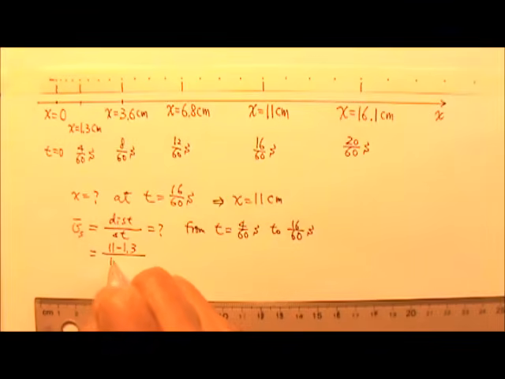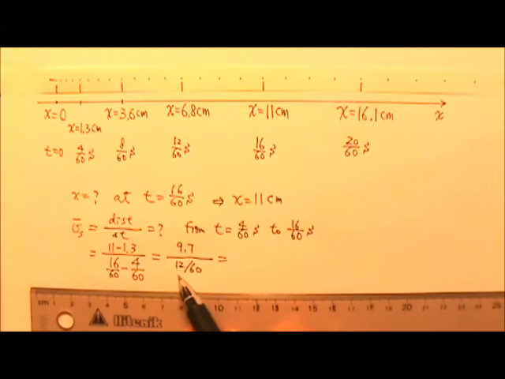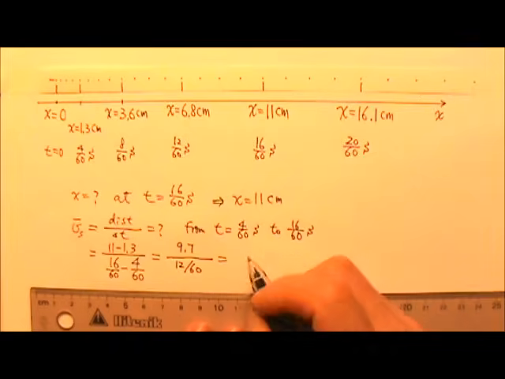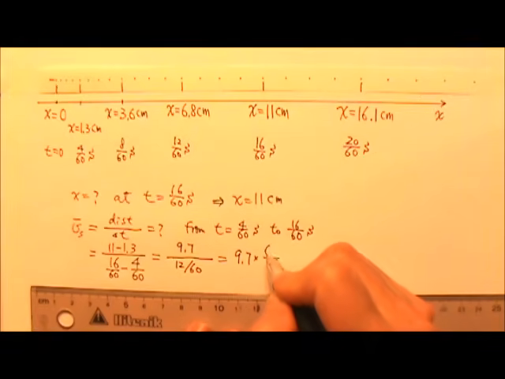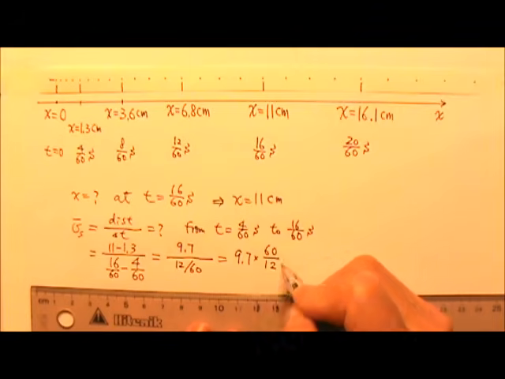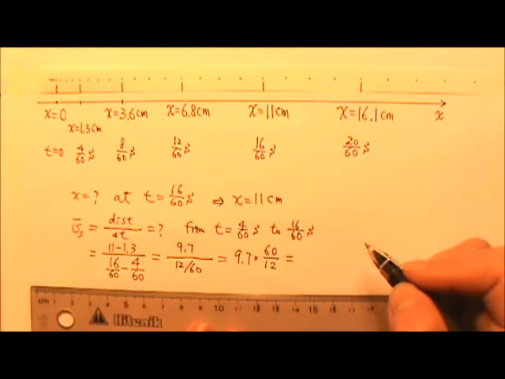That will be 16/60 minus 4/60. So that is 9.7 divided by 12/60, which means it's 9.7 times 60 divided by 12, 9.7 times 5.